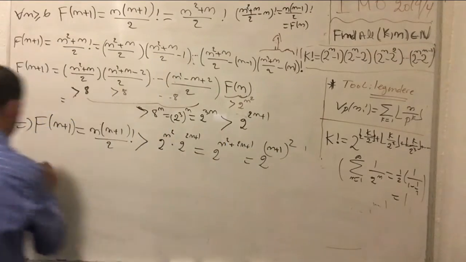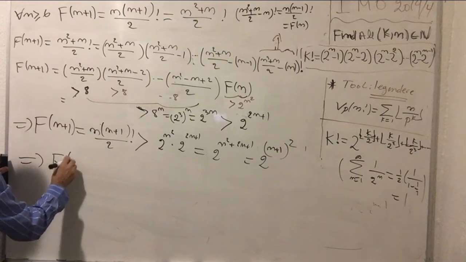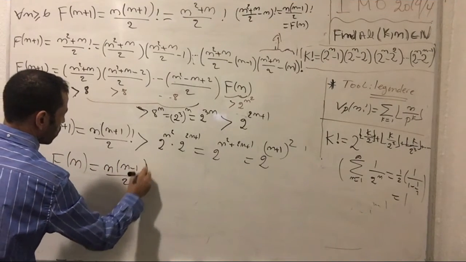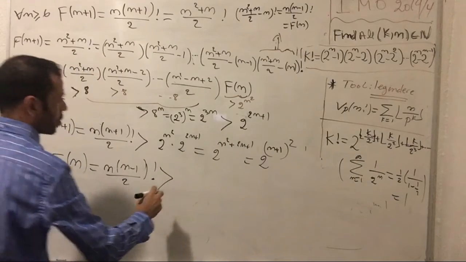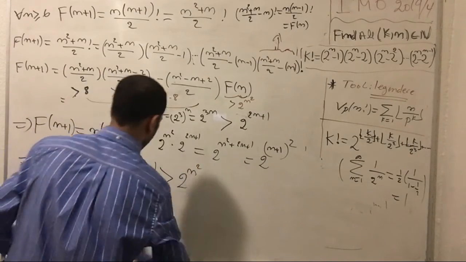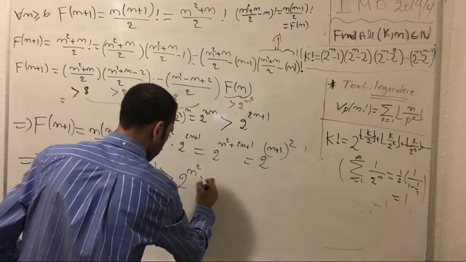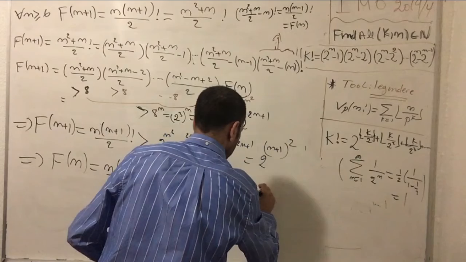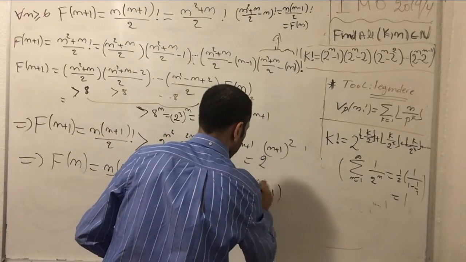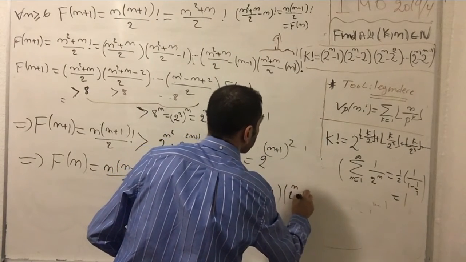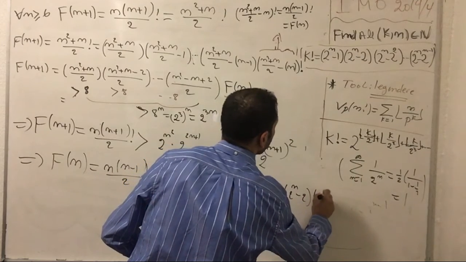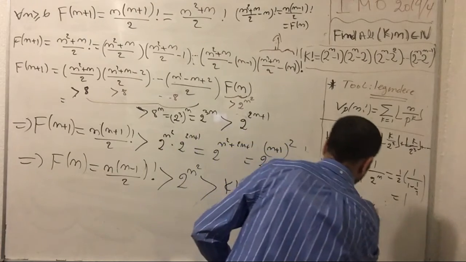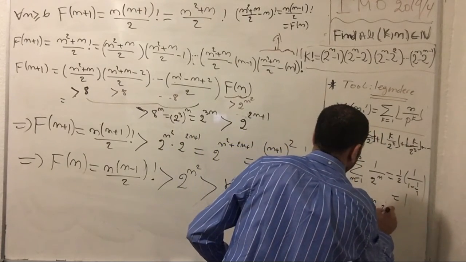So that implies f of n, which is n minus 1 over 2 factorial, is bigger than 2 to the n squared. And at the same time it is bigger than this product, k factorial, 2 to the n minus 1, 2 to the n minus 2, and all the way down to 2 to the n minus 2 to the n minus 1.